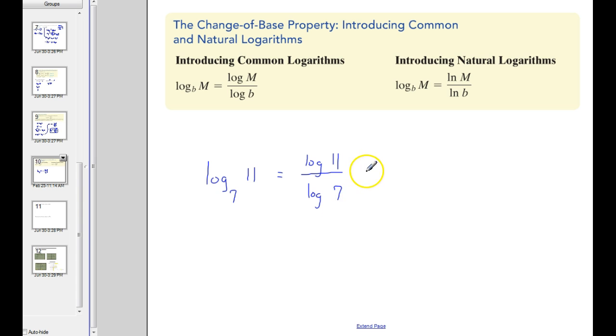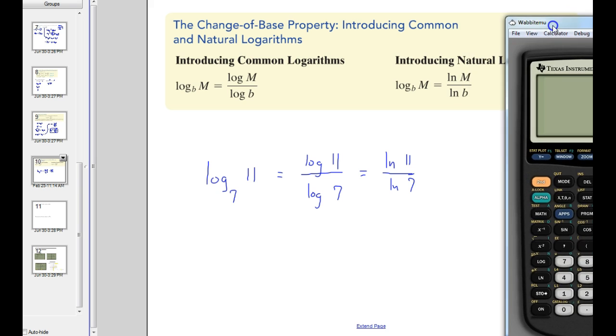Alright, and then that's the same thing as if I switched it to natural log. The natural log of 11 divided by the natural log of 7. So the change of base property allows us to get a new base based on an older base, a different base.